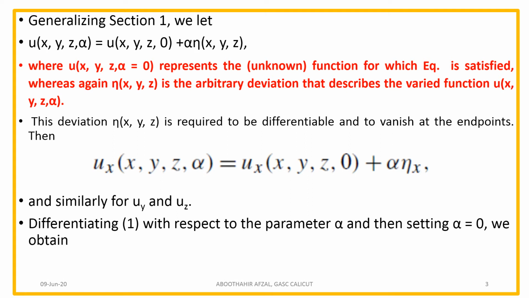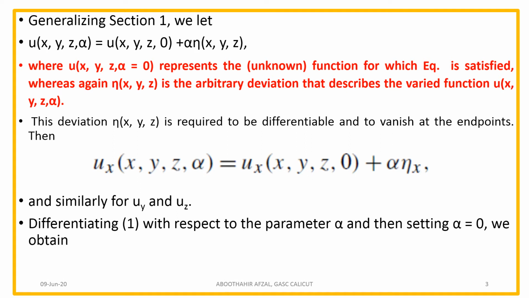Similarly, here u of x, y, z, the function which is coming in the functional f and that depends on alpha, can be expressed as the initial value of u plus the extra increment, which is alpha into eta. So here alpha is a scaling factor, but eta is a function of three independent variables, so alpha into eta of x, y, z.